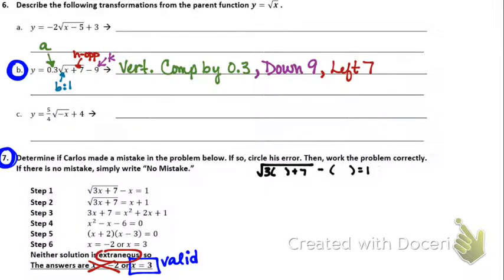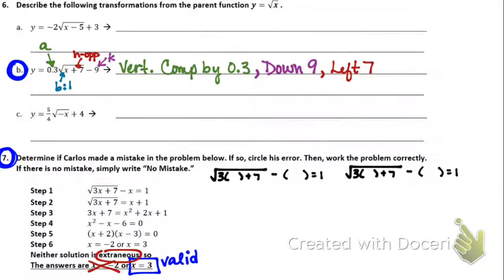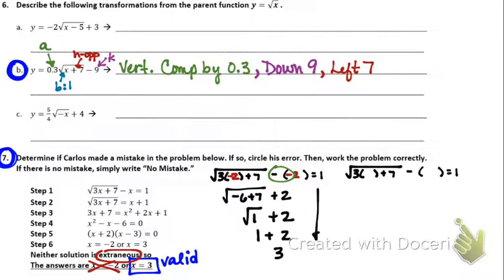Let me make room here so that I can do both checks at the same time. Underneath my square root, I would have -6 plus 7. Over here, I'm subtracting a negative, so that would be plus 2. -6 plus 7 is 1. So I would have 1 plus 2. 1 plus 2 is 3. The other side, though, is a 1. Those are not equal.